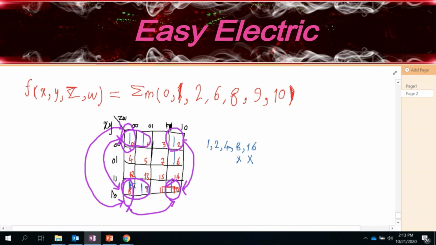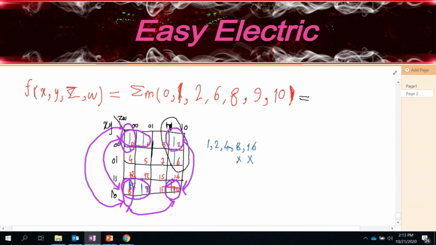So definitely the only option left is just keep this 1 as one group of 2. So that means we have two groups of 4 plus one group with 2 members. That's the best thing you could do to get the minimum number of groups with the maximum members inside them. So then you just simplify that.